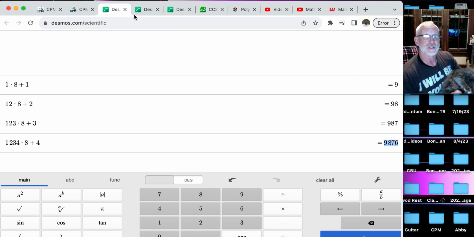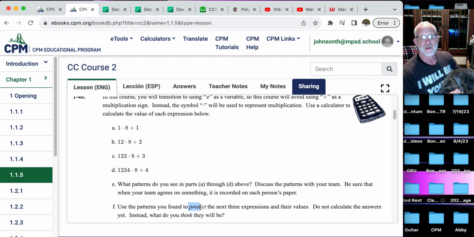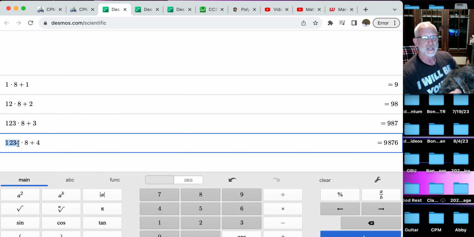Because that's the next question that's going to come up, and it's going to say, what patterns do you see? Discuss the patterns with your team. When your team agrees on something, write it down. And then use the patterns you found to predict the next 3 expressions. So we predicted expressions, and kids are saying, well, we saw the next one's going to be 1, 2, 3, 4, 5 times 8.